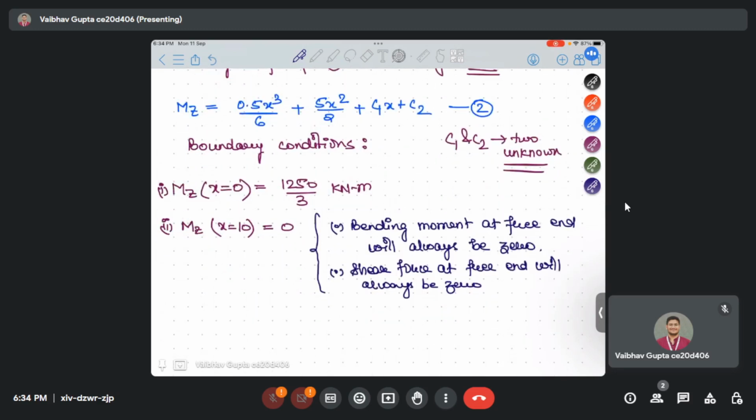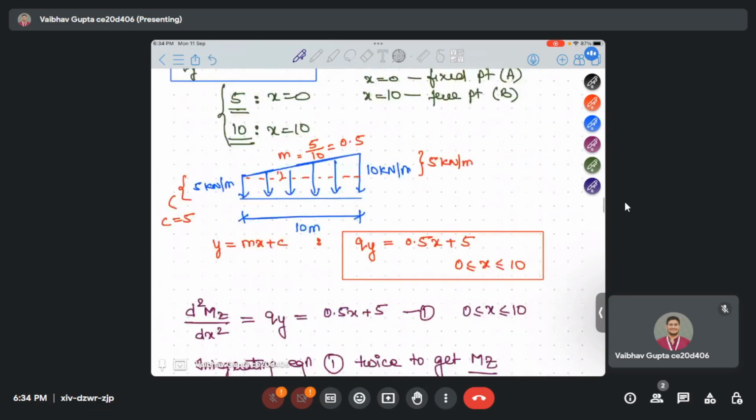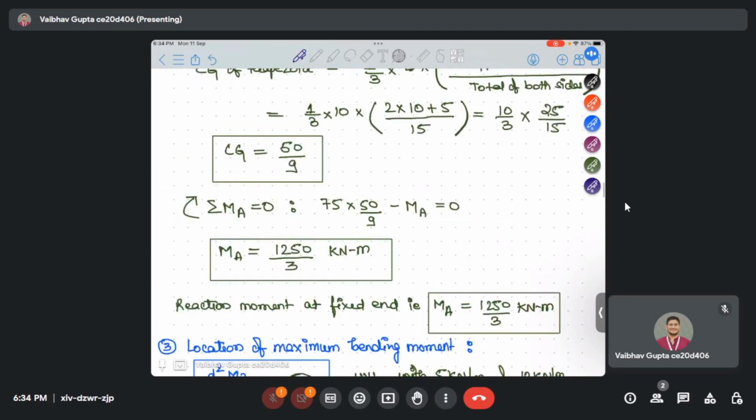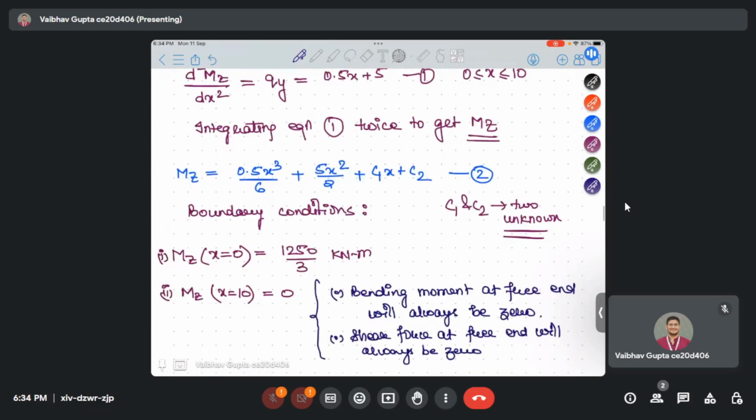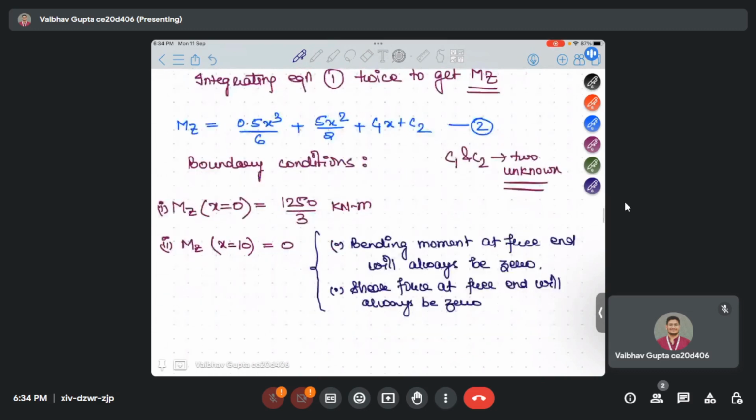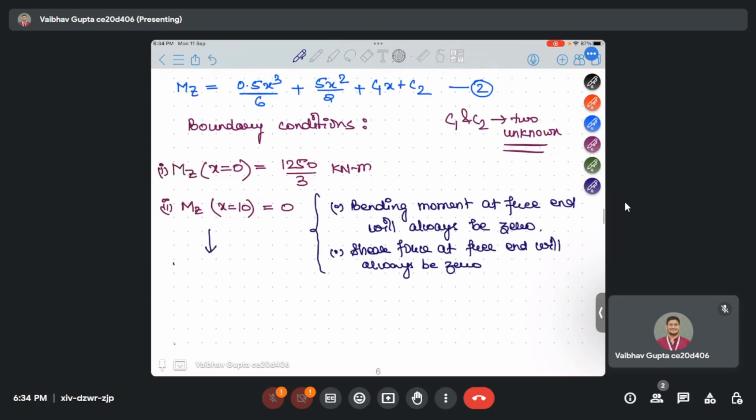Now we have two boundary conditions: Mz at x equal to 0 that we have derived in the previous part, which is 1250 by 3 kilonewton meter, and Mz at x equal to 10 is equal to 0 at the free end. So now putting these two in equation 2. Putting the first, put x equal to 0, we got C2 is equal to 1250 by 3.